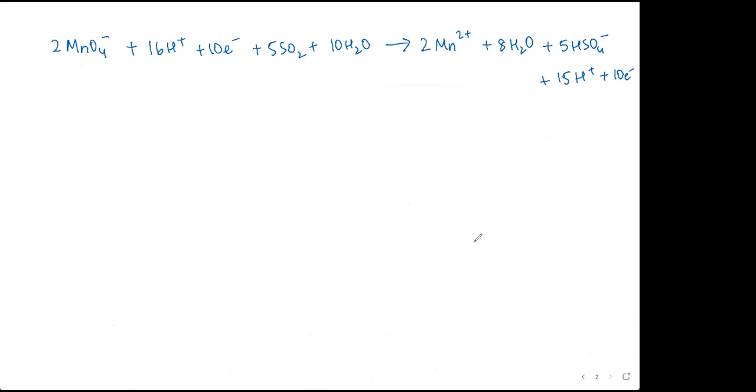Now you can cancel out the common things from LHS and RHS, starting with your electrons. So 10 electrons get cancelled. And the common elements you have, your H plus and H2O, you can solve over here. Just fine tuning it, you get 2 MnO4 minus plus, 16H plus on this side, 15H plus on this side, so you are left with 1H plus on this side.